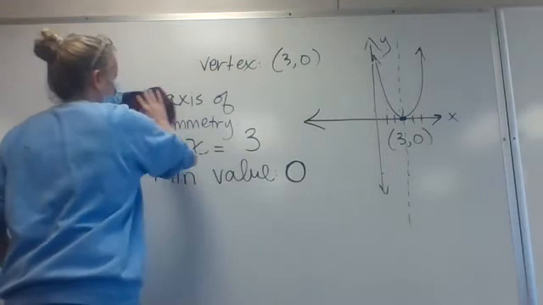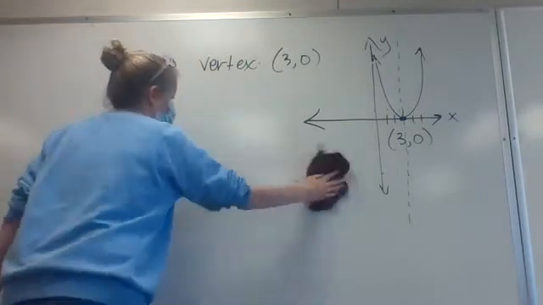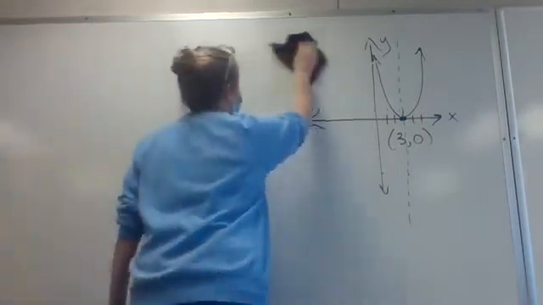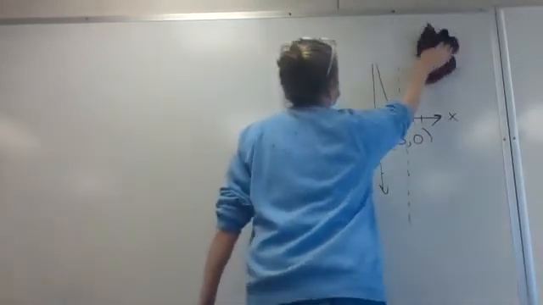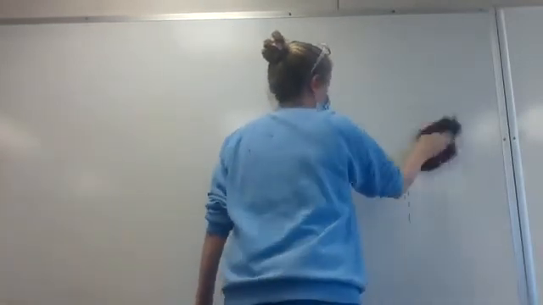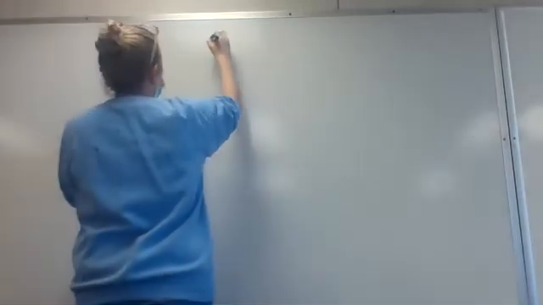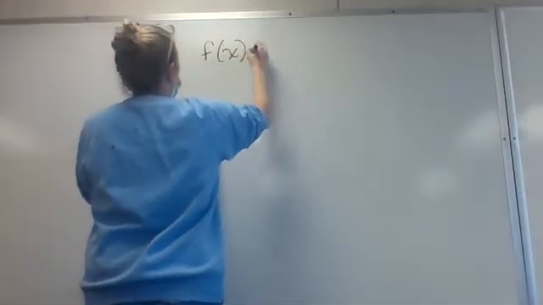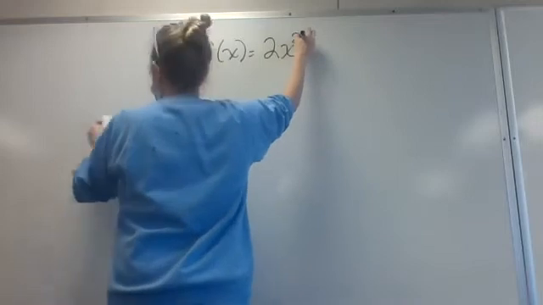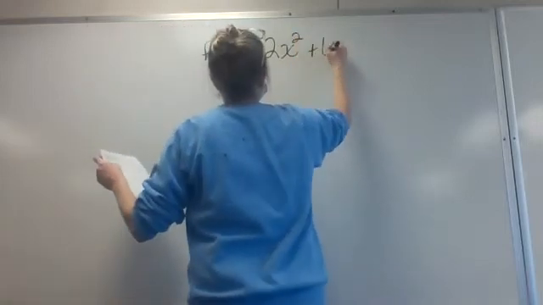Number 11. F of x equals 2x squared plus 6x plus 2.